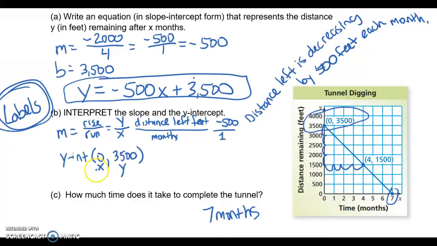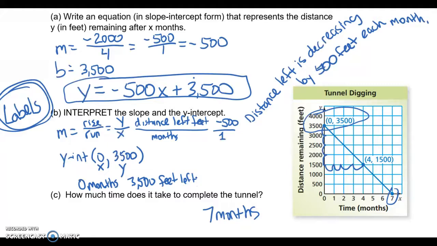Okay, and then the y-intercept, we need our X label because we have 0 something and 3,500 something. So 0 something, the X label, 0 months. Okay, 0 months. And 3,500, here's your Y label, feet left.